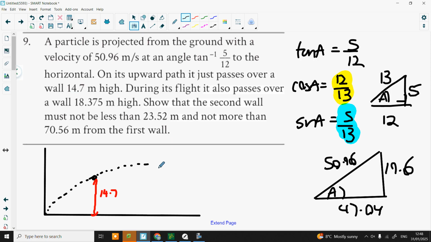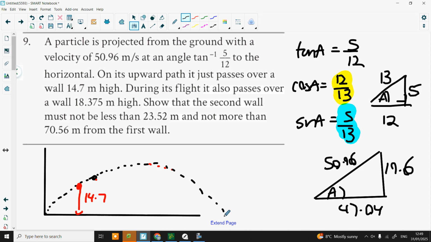In its flight it also passes over a wall 18.375. Now, I think I might have messed up my diagram slightly. I probably should have had it a bit closer like that. So that can be the 14.7, can't it? Now, technically, that second wall could be anywhere. It could be on the way up or the way down.